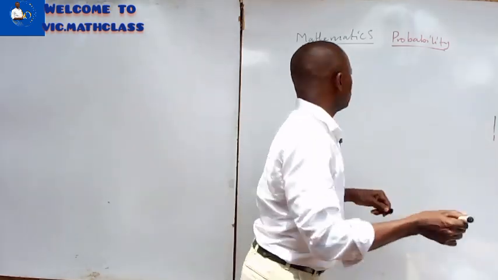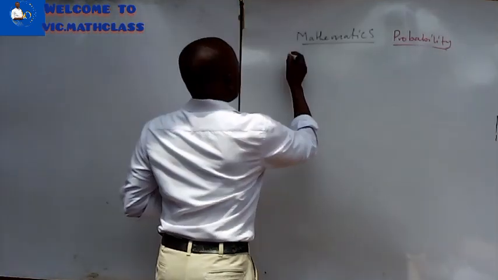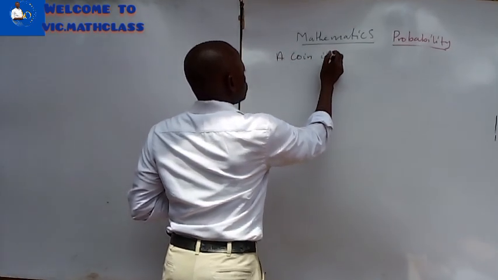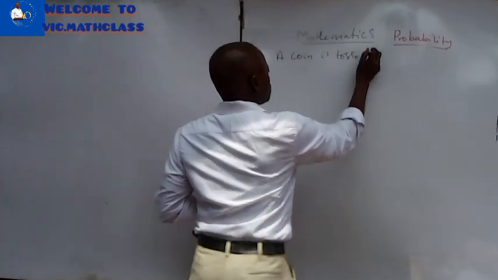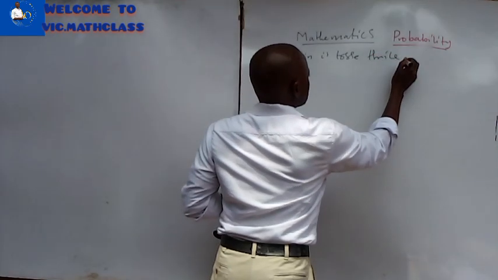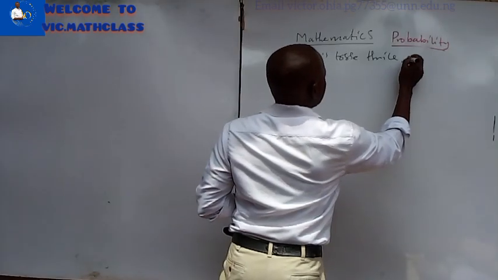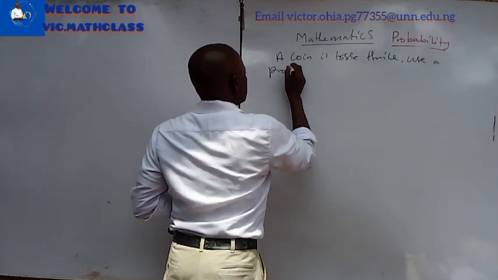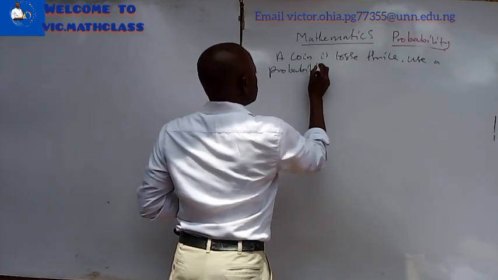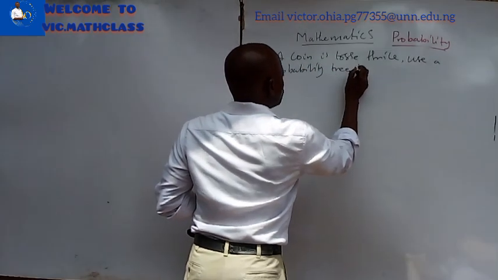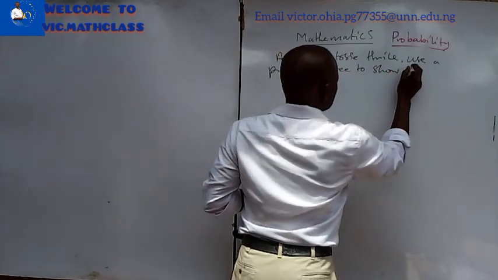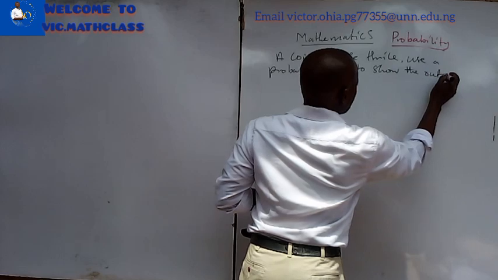All right. So a coin is tossed thrice. Use a probability tree to show the outcome.